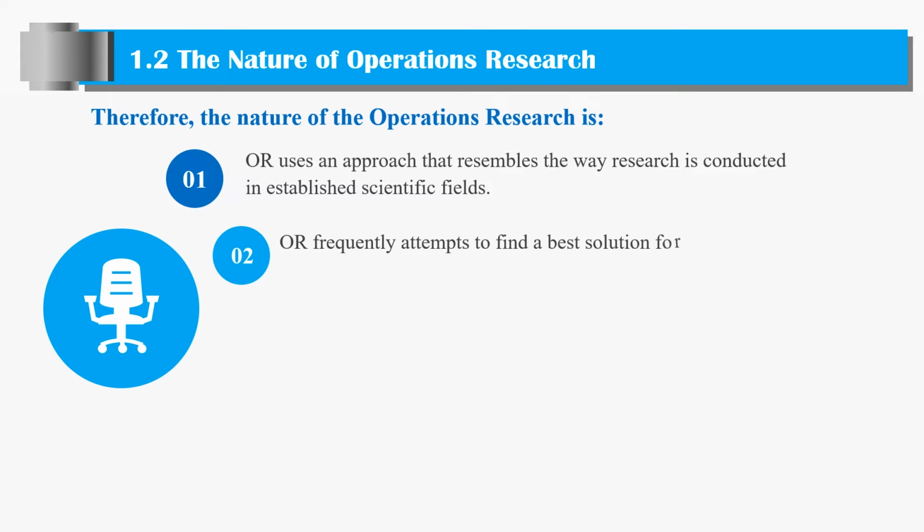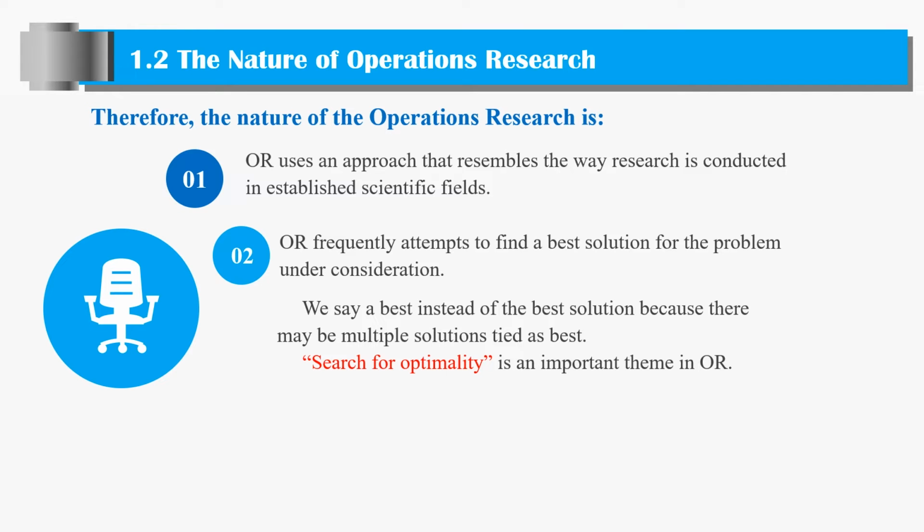OR frequently attempts to find the best solution for the problem under consideration. Here we say a best instead of the best solution because there may be multiple solutions tied as best. Search for optimality is an important thing in OR.